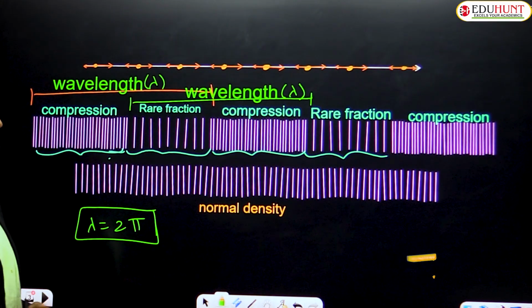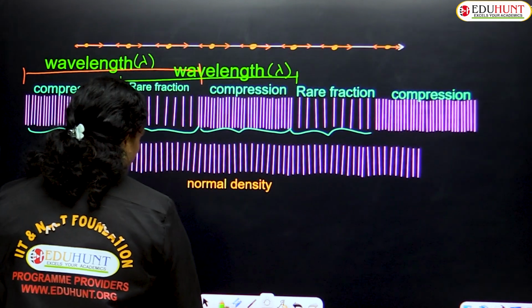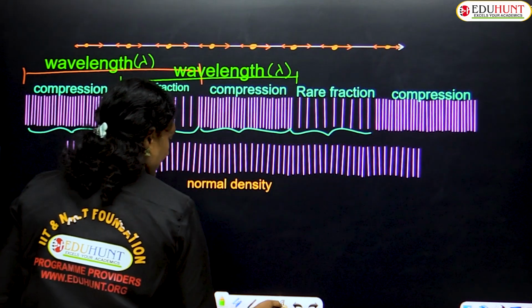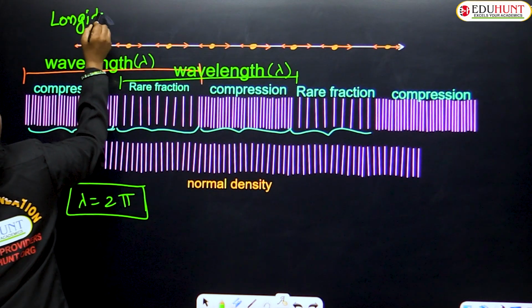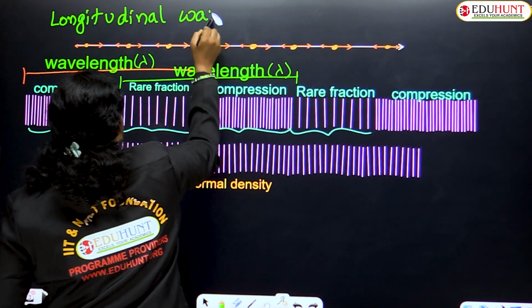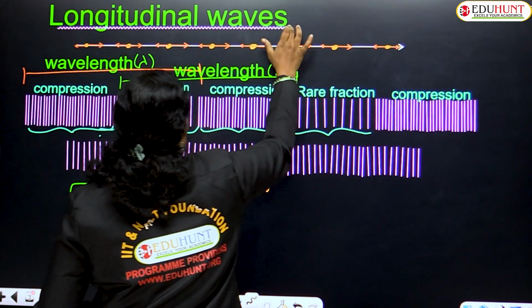Now let us look at the graphical representation of this longitudinal wave. This is all about longitudinal waves.